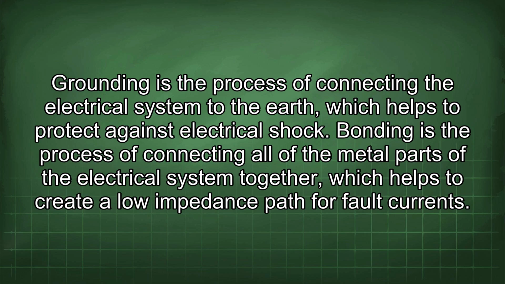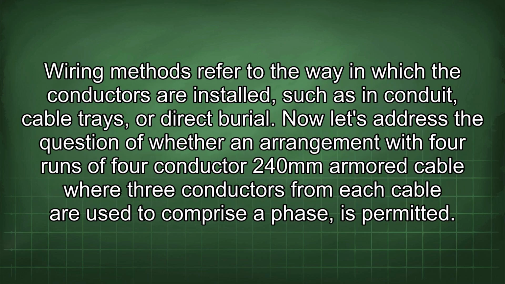Bonding is the process of connecting all of the metal parts of the electrical system together, which helps to create a low impedance path for fault currents. Wiring methods refer to the way in which the conductors are installed, such as in conduit, cable trays, or direct burial.